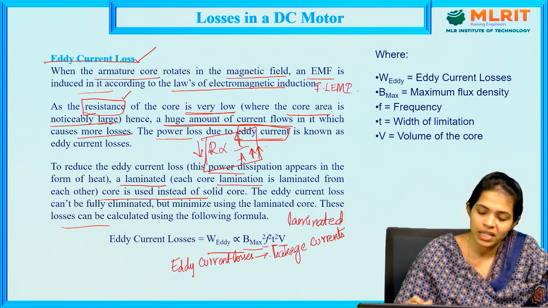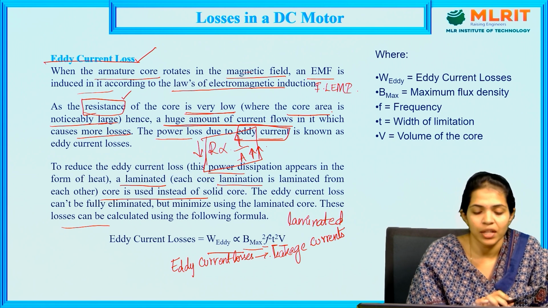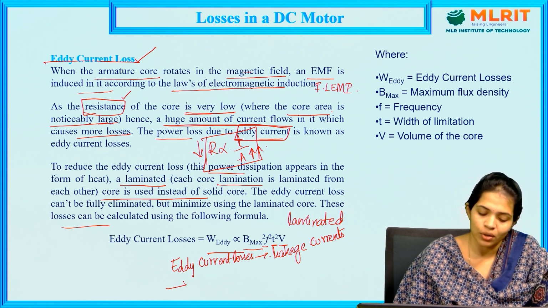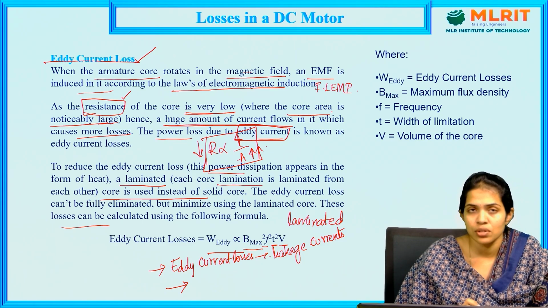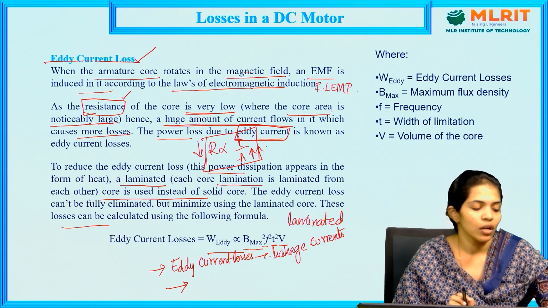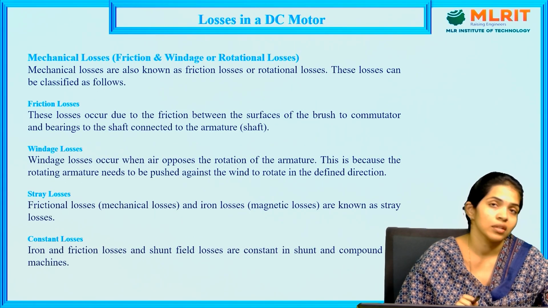When these leakage currents flow through the resistance in the core, the losses which occur are called eddy current losses. Both the eddy current losses and the hysteresis loss together are called the magnetic losses.